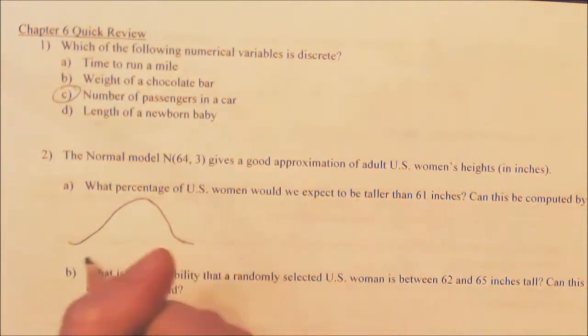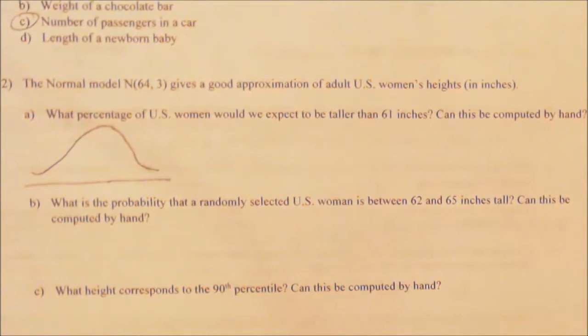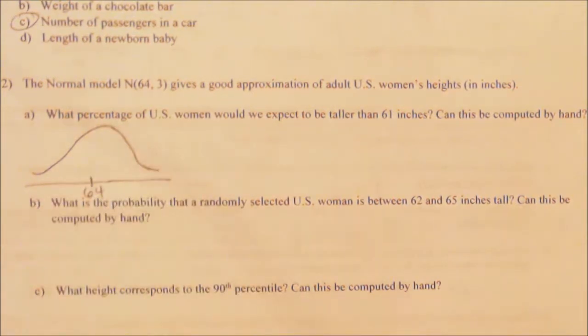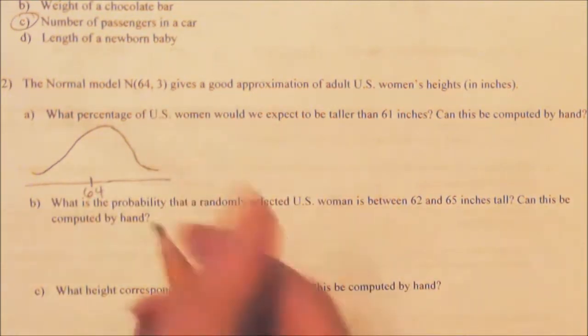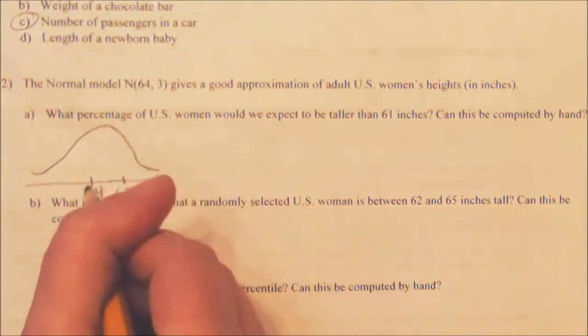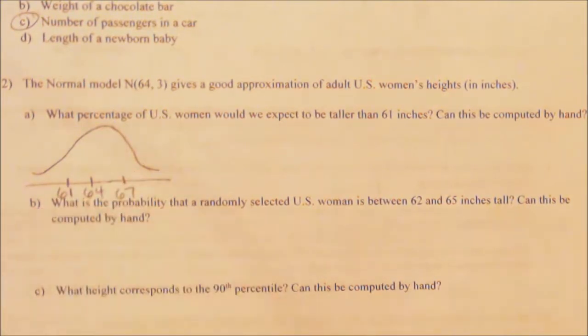Please, every time you do a normal distribution question, make sure you make a sketch of what you're talking about, even if you have to use StatCrunch to get the actual calculations. So 64 is going to go right in the middle. And since the standard deviation is 3, if we go up 1 standard deviation, that puts me at 67. If we go down 1 standard deviation, that puts me at 61. So the question said, what percentage of U.S. women can we expect to be taller than 61?